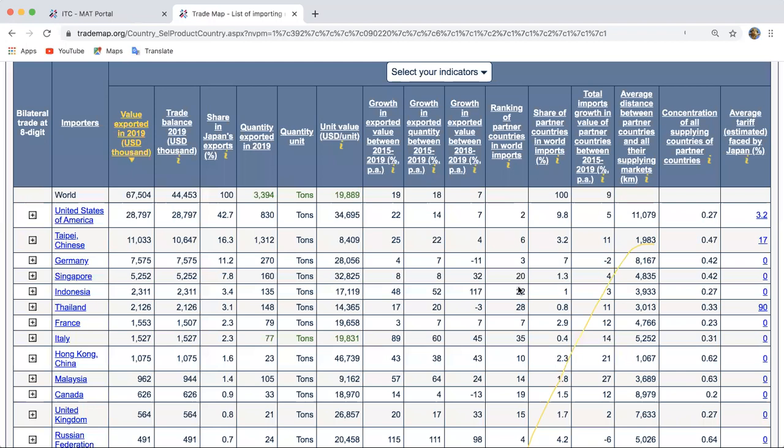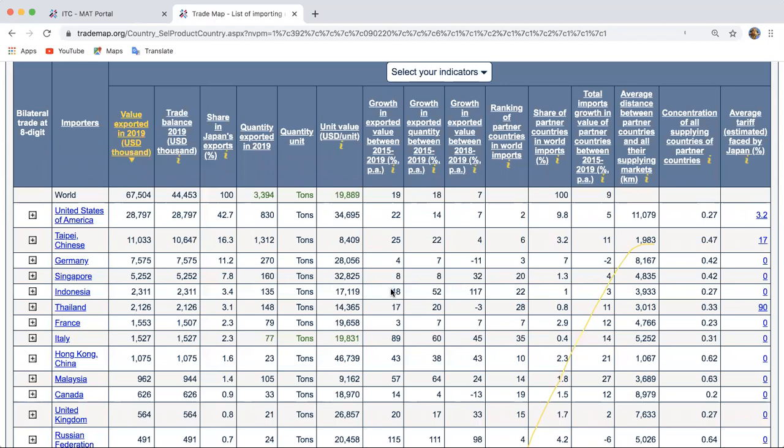Then we see that Singapore, Indonesia, Thailand, they're all smaller markets in the global market. They're the 20th largest importer of green tea. So what I want to say here is that if you're looking for interesting markets to target, you don't always have to go for the largest markets. These markets are all growing quite well.